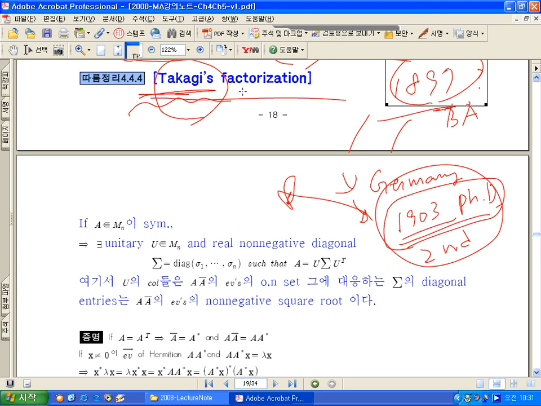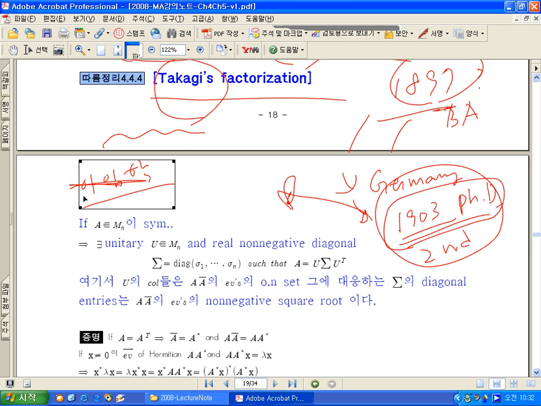In Korea, we are trying to find a role model like Teiji Takagi. And now, Im-hak Lee is the one who did pretty much a similar role to what Teiji Takagi did, because he taught many math major students who became PhDs. And Im-hak Lee is the first Korean PhD in the modern sense.